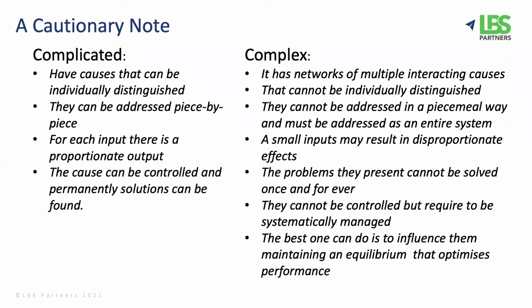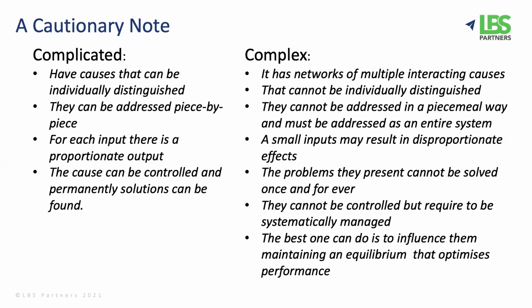The problems they present cannot be solved once and forever, as we desire to do with our A3. They cannot be controlled, but they require to be systematically managed. So we need our management systems in place to govern this.